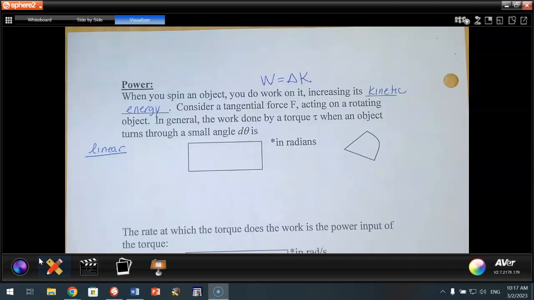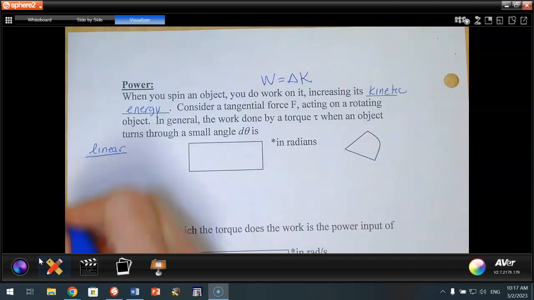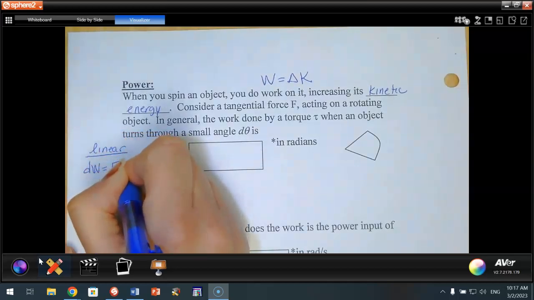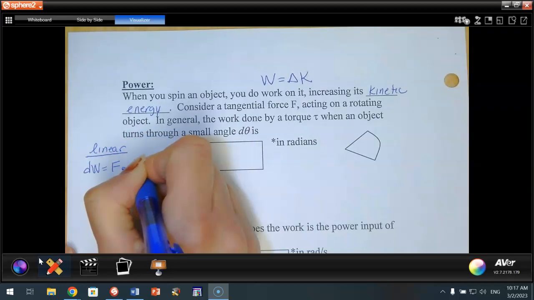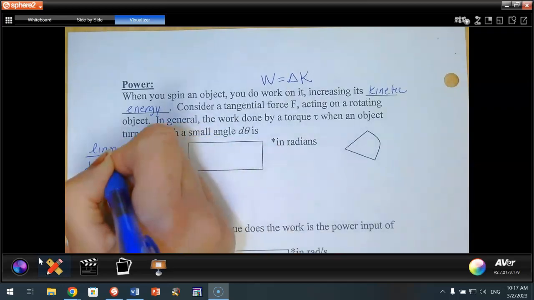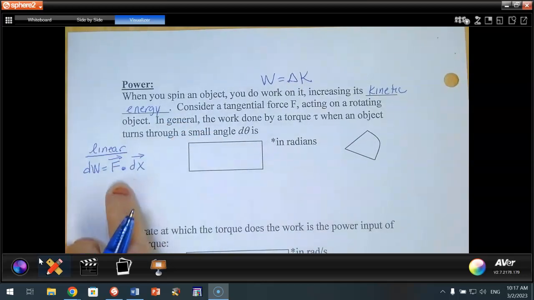We know back when we covered work, we had a formula that said dW equals F dot ds, or dx. I'll just call it dx. So we did a dot product. This was how we did this when we did linear motion.